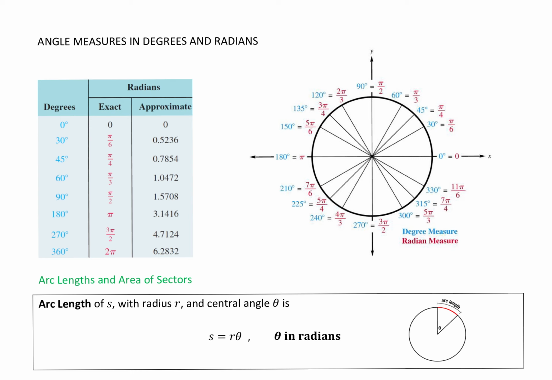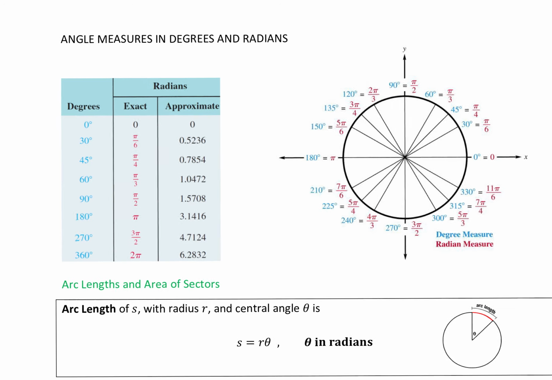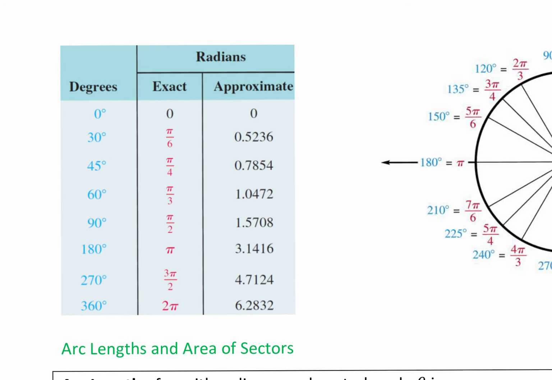So here we have some reference or cheat sheets, I guess, that you can use. The first is in table form and the second is circular. In this table, we're looking at some common angles that we use quite often. Notice that it's just positive angles from 0 to 360 degrees.